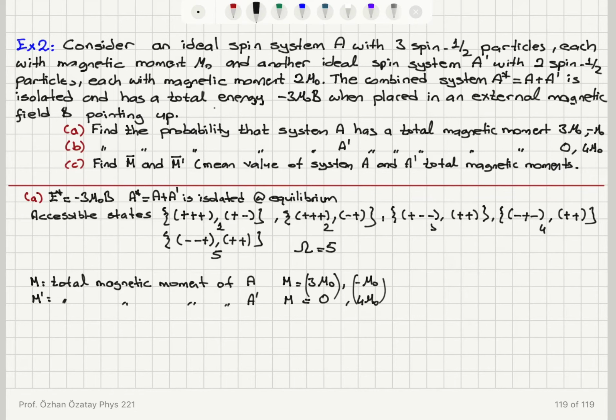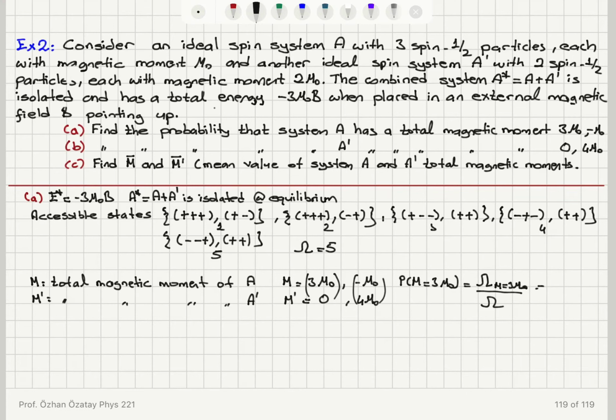What is the probability of finding system A with magnetic moment 3 mu 0? Well, the probability that M is equal to 3 mu 0 is the number of accessible states where I will have M equals 3 mu 0 divided by the total number of accessible states. So which states give me M equal to 3 mu 0 and M prime equal to 0?